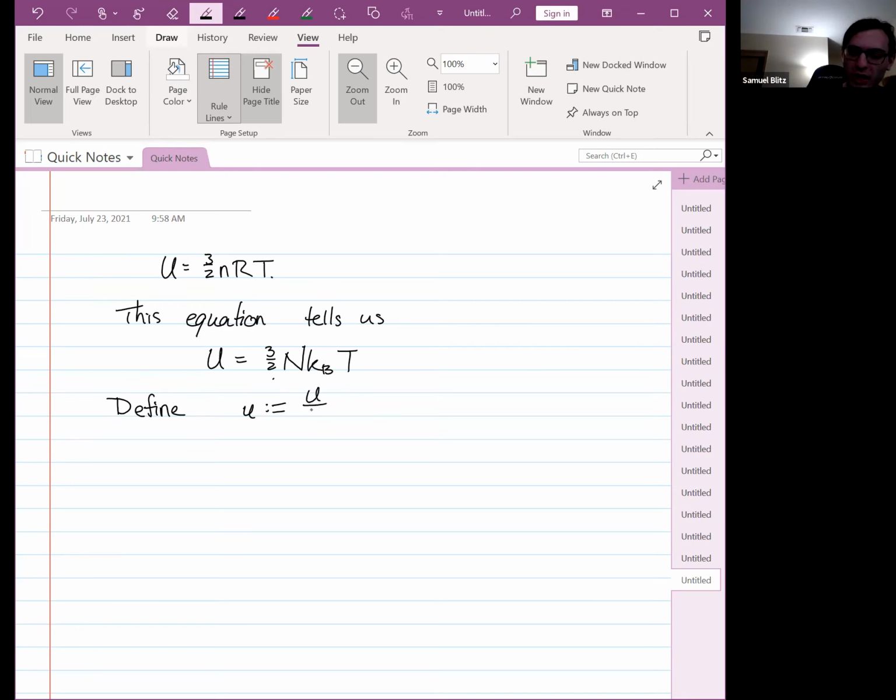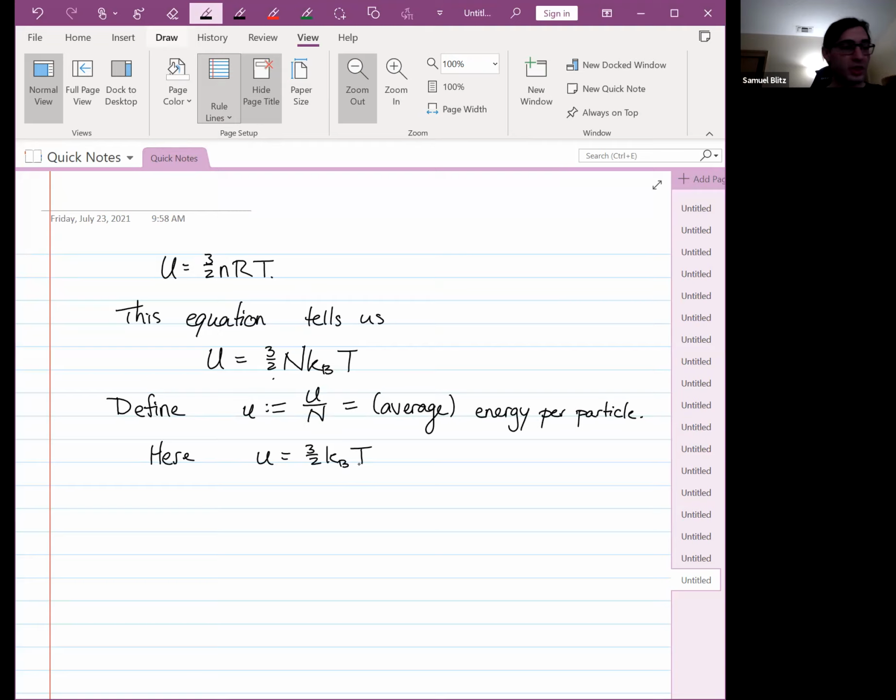It's equal to the total energy divided by the number of particles. And this is just the average energy per particle. So in this case, the average energy per particle is just 3/2 times k_B times T.